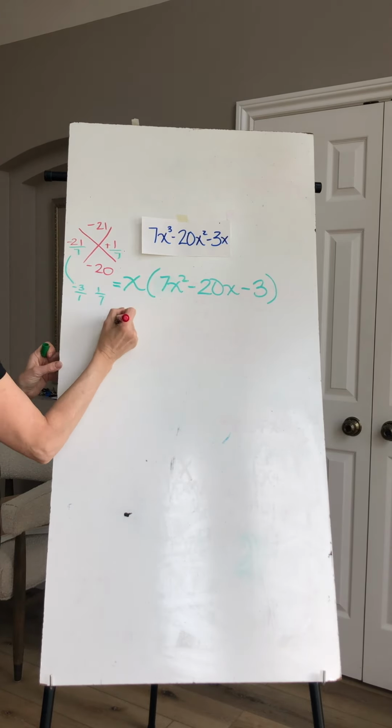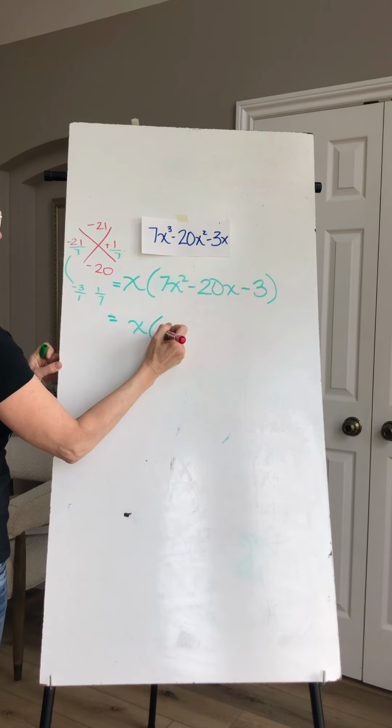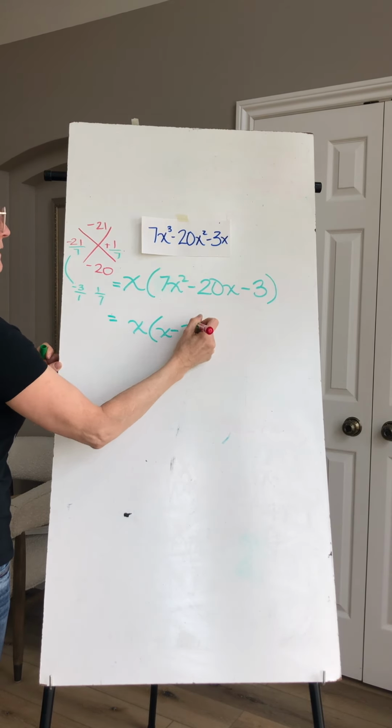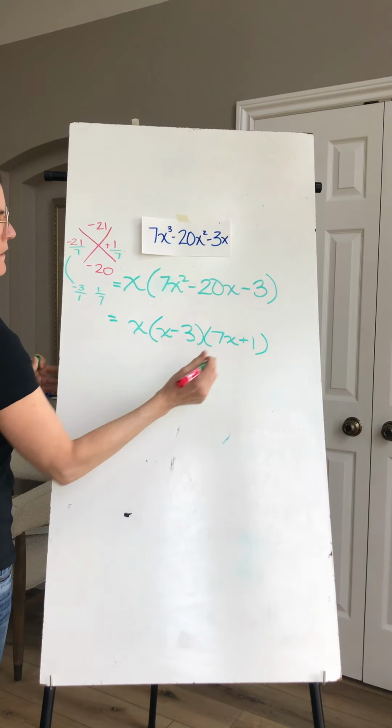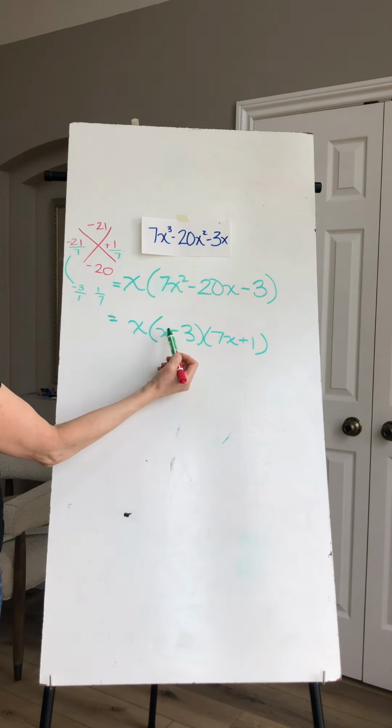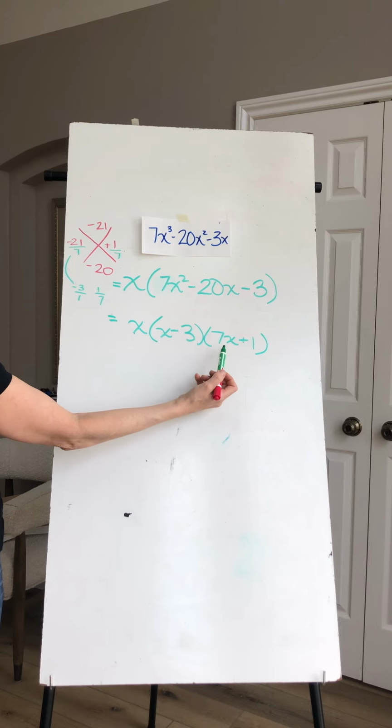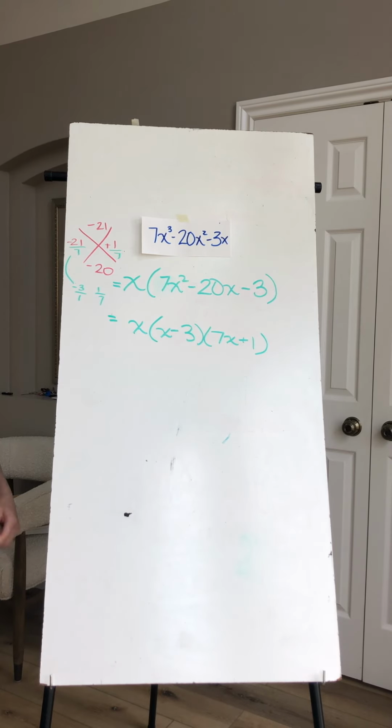So it would become x minus 3 and 7x plus 1. Does that work? 7x squared plus 1 minus 20. Yeah, there we go. Common factor, then a complex. All right.